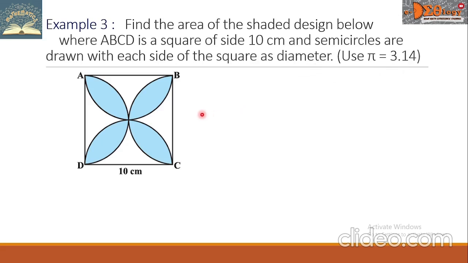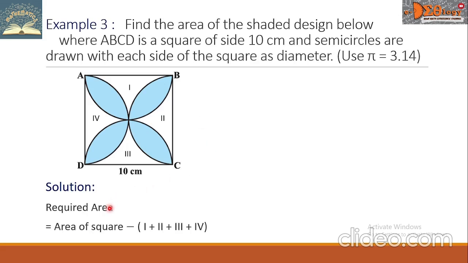In our figure here, let us denote the unshaded areas as 1, 2, 3, and 4. So when we analyzed our figure, the required area is area of square minus the total of the areas 1 plus 2 plus 3 plus 4.